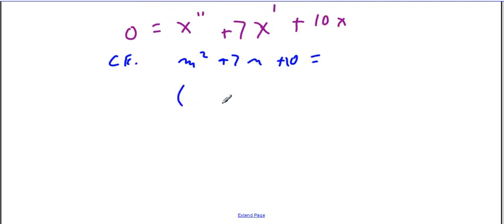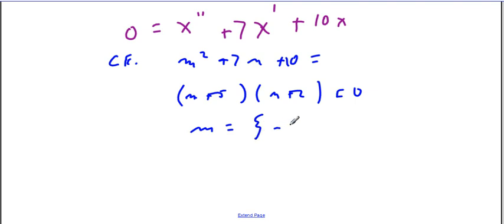And I can factor that: m plus 5, m plus 2 equals 0, and I can come up with m is equal to the solution set minus 2, minus 5. And I really do want to write that in the other order because I like ascending order better. Minus 5, minus 2.